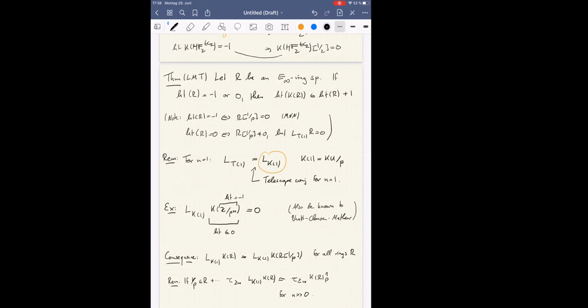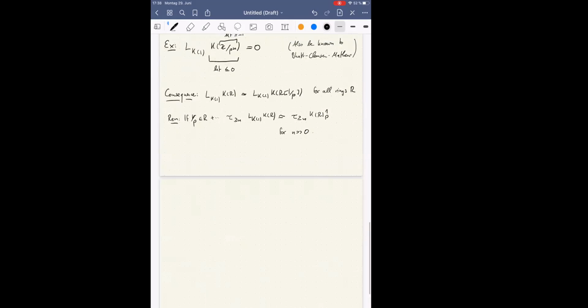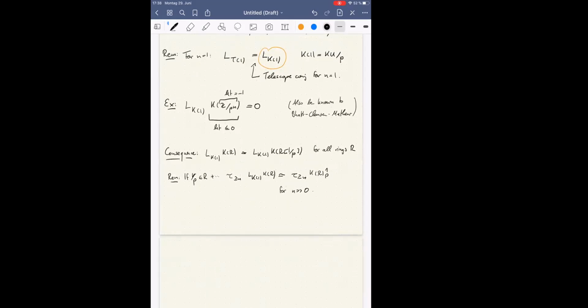So apart from some low degrees, the K1-local K-theory actually sees all of p-adic K-theory if p is invertible. But this consequence I just wrote down shows essentially we cannot expect anything like this if p is not invertible, because K1-local K-theory is insensitive to inverting p. These are classical rings R for the moment, but actually this is true more generally, and we see something about this in a moment.